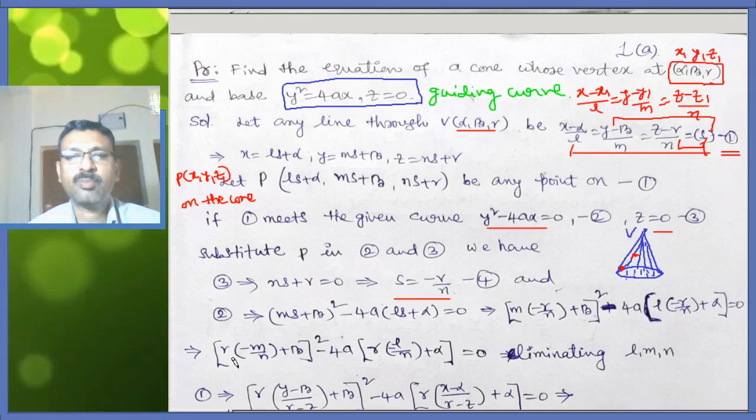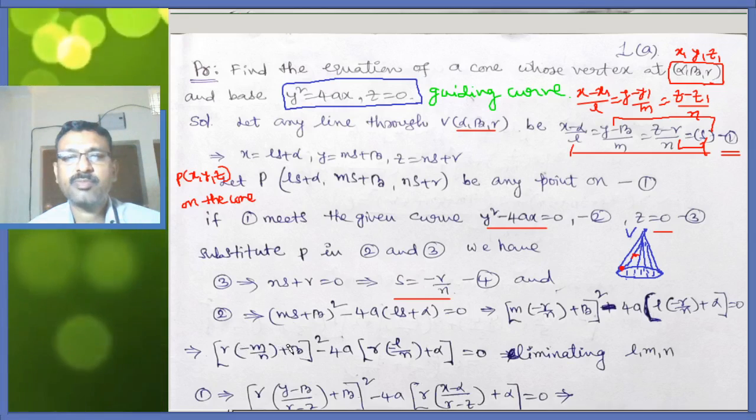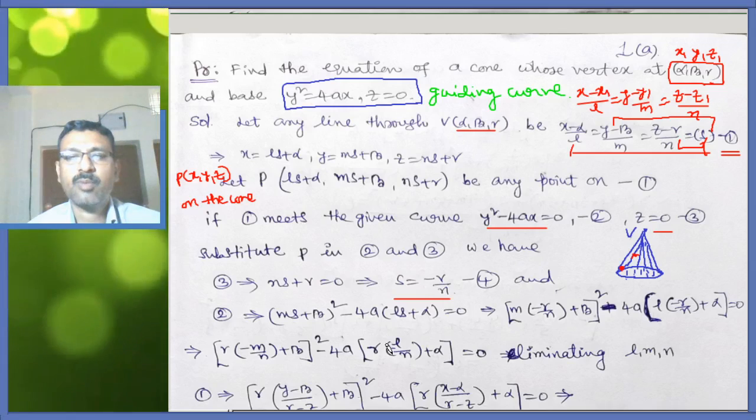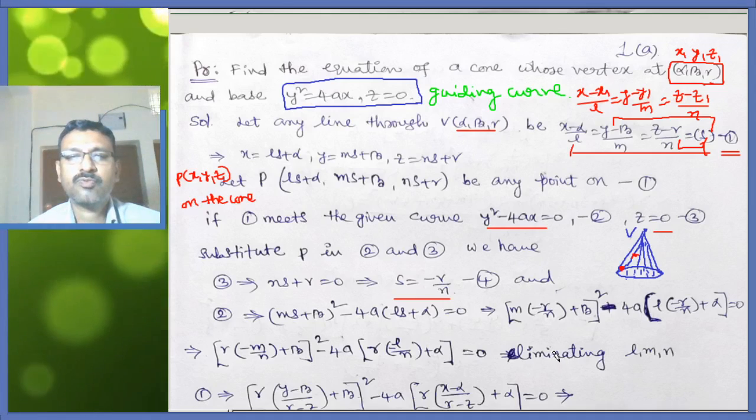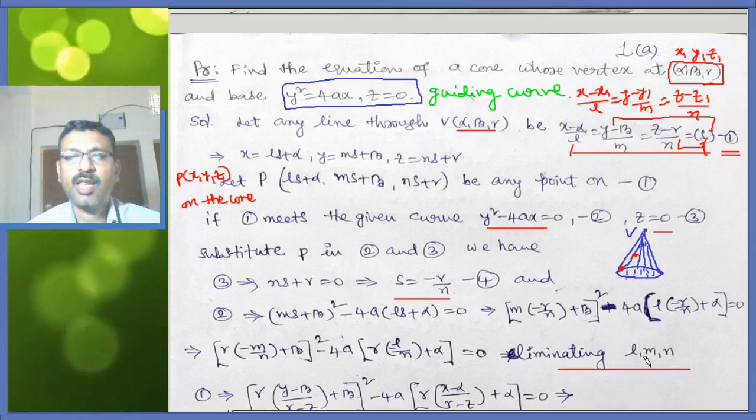Now I am simplifying minus r into minus m by n plus beta, this is minus 4a gamma into minus L by n plus alpha equal to 0. So further I am going to eliminate the elements.